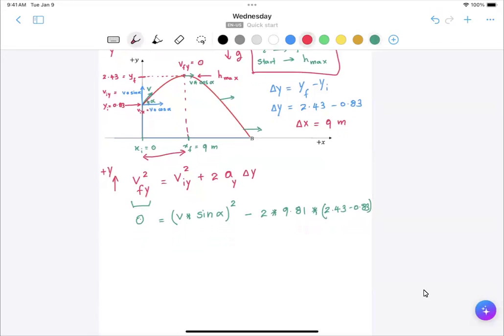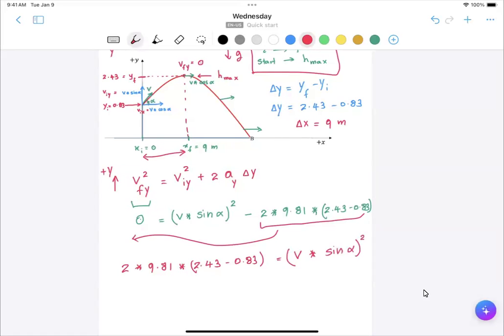And you can move things around. You can move this whole term to the left-hand side. The negative sign goes away. 2 times 9.81 multiplied by 2.43 minus 0.83. This whole thing is equal to v times sine alpha, squared.